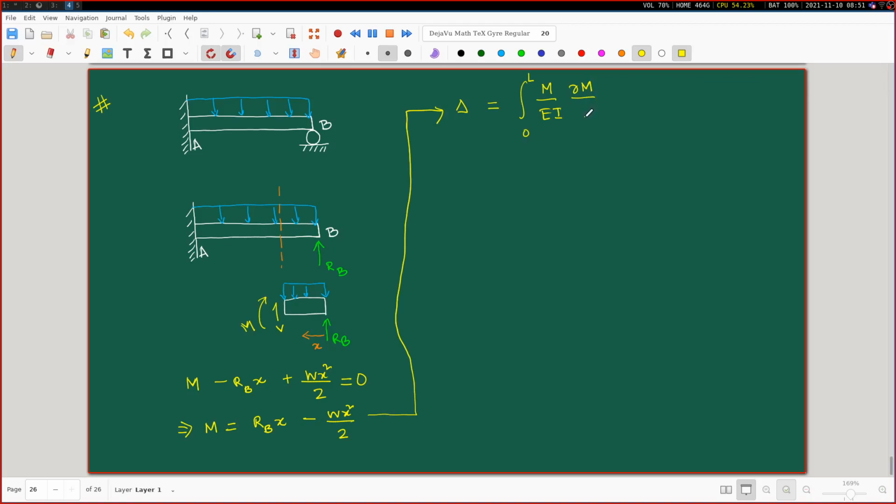Del M del what? Tell me. I am interested in finding out the vertical deflection at the end B. So it will be RB. Yes. So the corresponding force, means the force in the vertical direction, is nothing but RB itself.